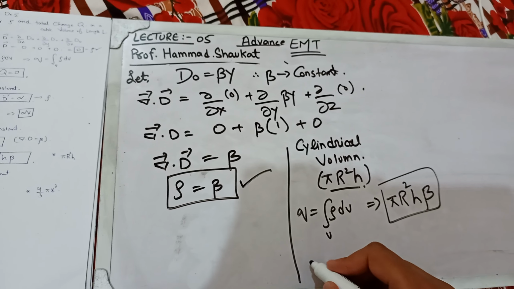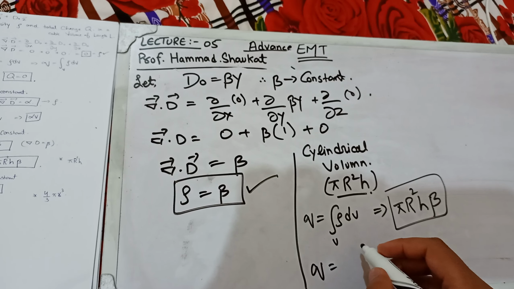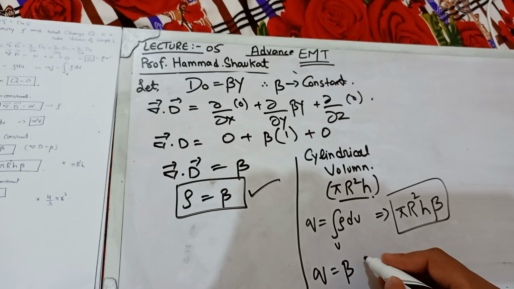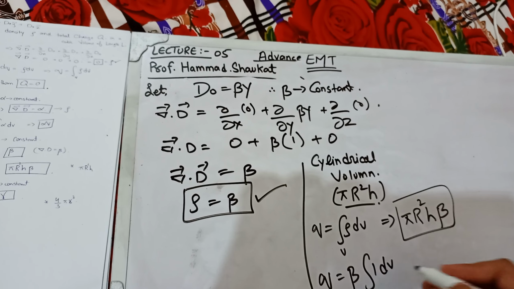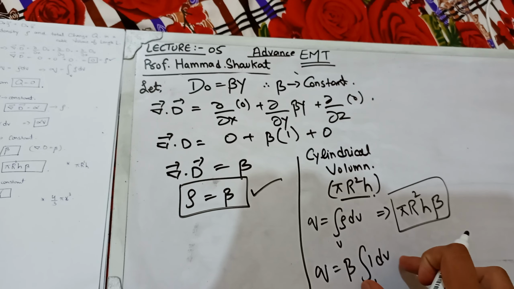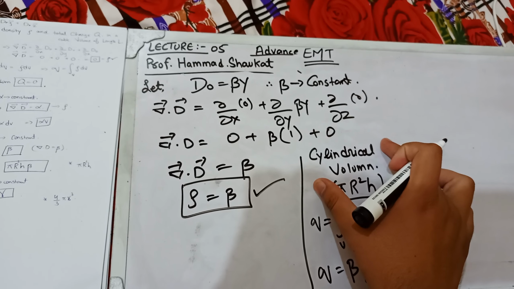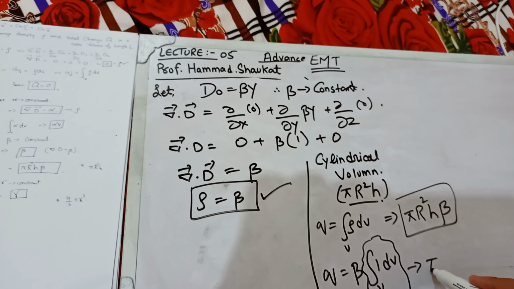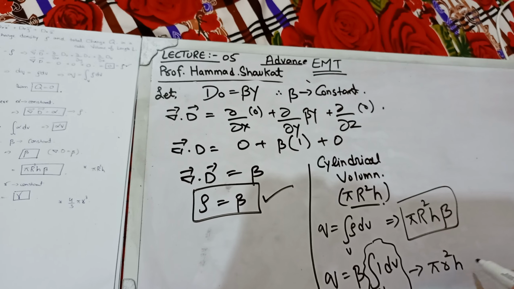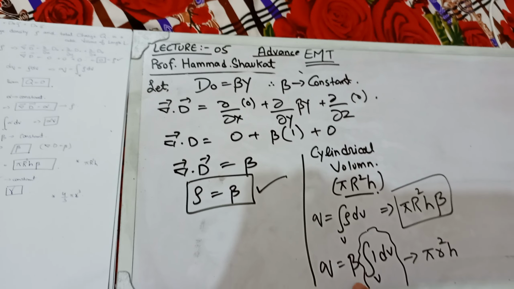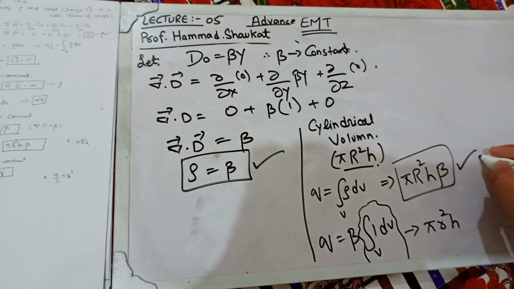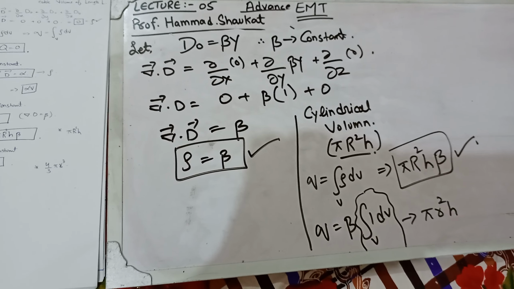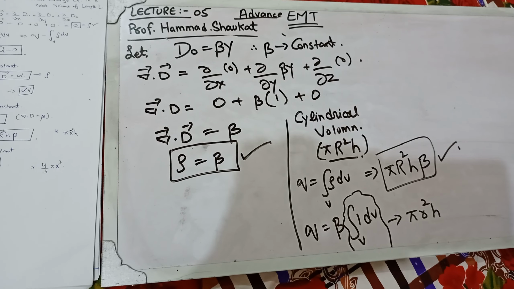Q equals, the value of rho is beta, which is constant, so it comes outside, and you integrate 1 over dv, and this integration of volume for a cylindrical volume equals pi r square h. So pi r square h multiplied by beta gives your final expression, the total charge in the case of cylindrical volume. What if in the case of spherical volume?